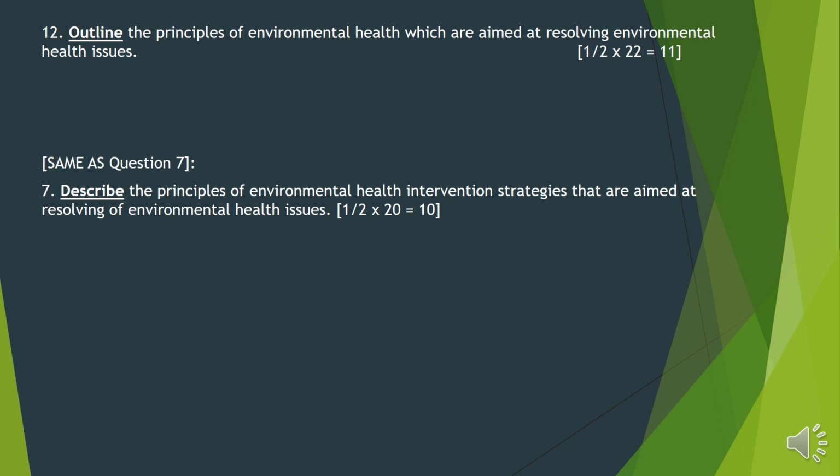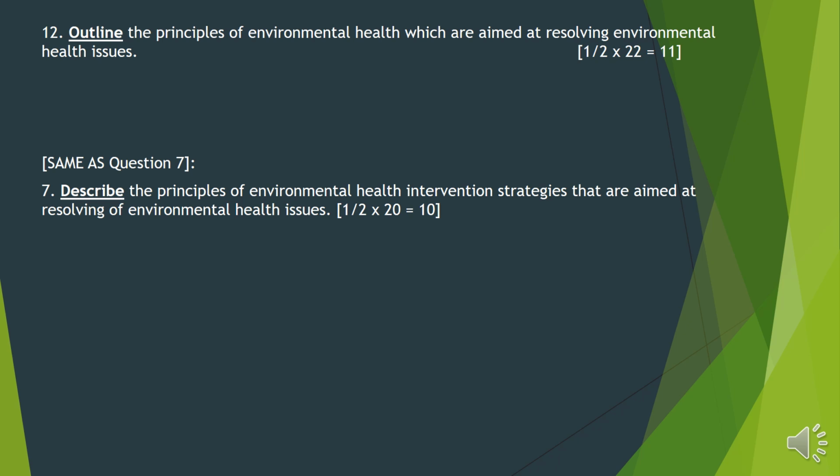these instruction verbs. Every time we answer a question, we are guided by the instruction verbs. So the first question says outline the principles. So you need to understand what they are expecting from you when they say outline. And then this one says describe. So again, you need to know what it means to describe, like how much detail must you give in your response when they say describe.